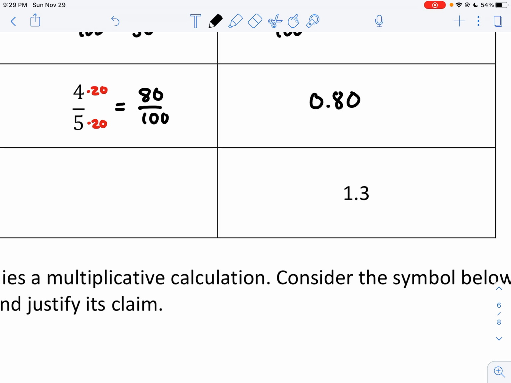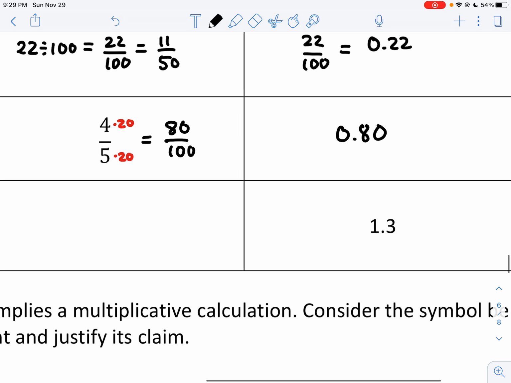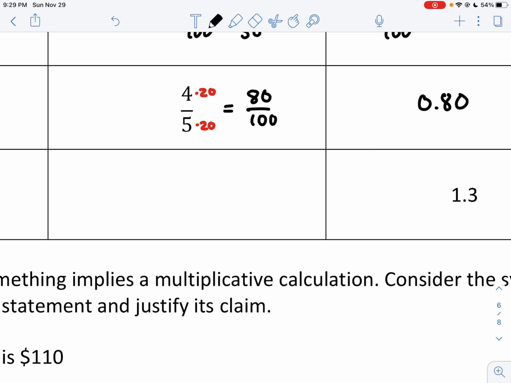If you start with the decimal form, notice we have 1.3. You can think of that as 1 3/10. We want to express this in terms of hundredths. So I'm going to convert it to fraction form by starting with the 1.3, writing this as 13/10.